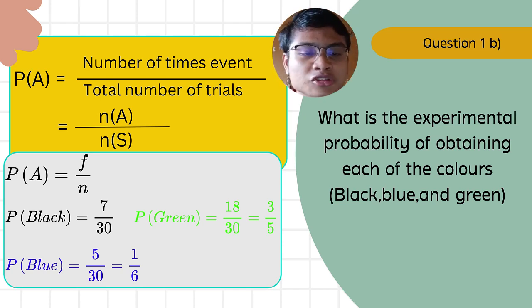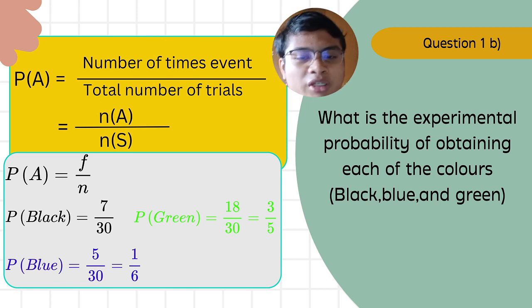Throughout this experiment, we calculated 2 different types of probability, experimental and theoretical. To find the experimental probability, we will use the formula: probability of A equals the number of times of the event divided by the total number of trials.